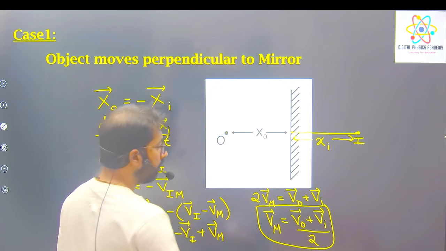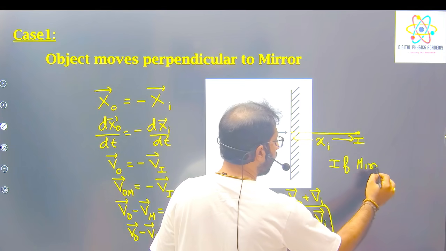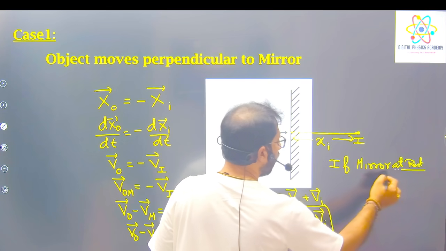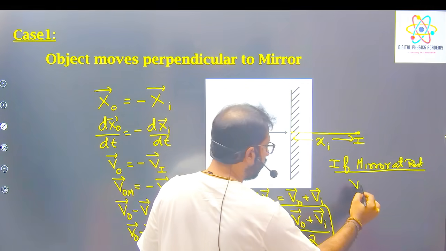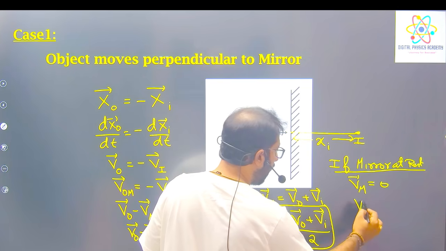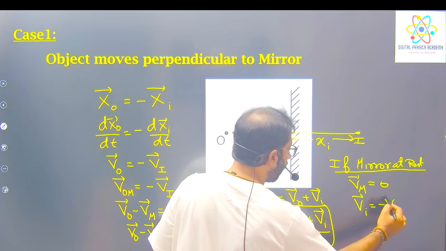Here suppose if mirror is at rest, then which one is 0? VM is 0. So therefore VI vector is equal to minus VO vector.